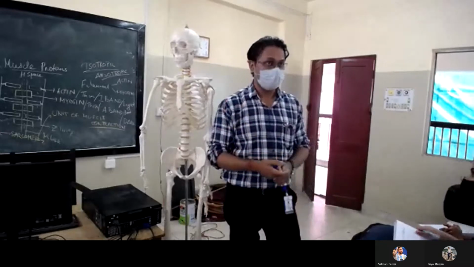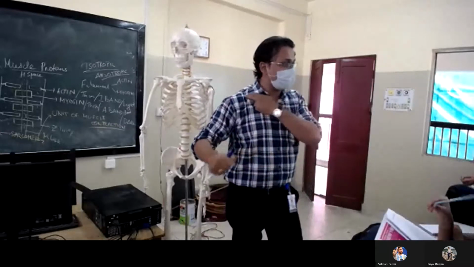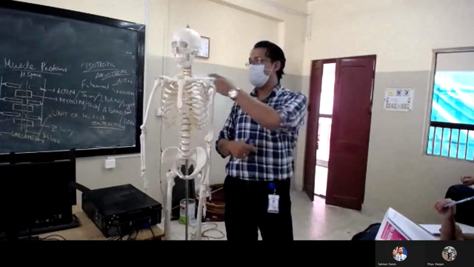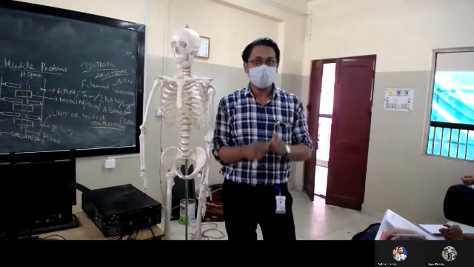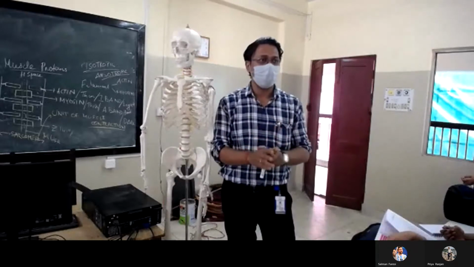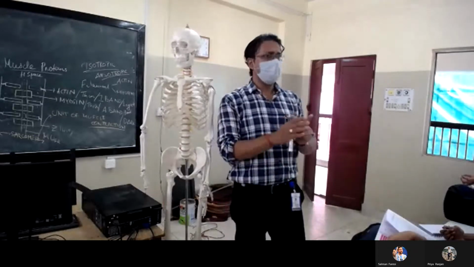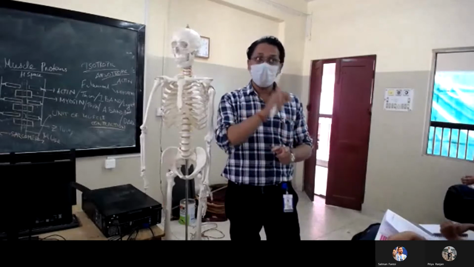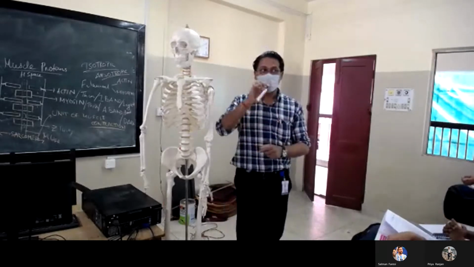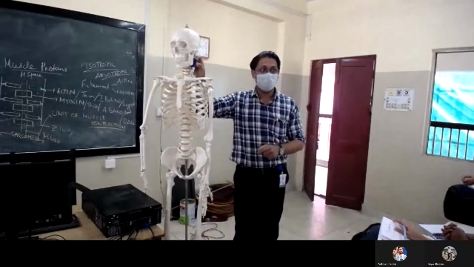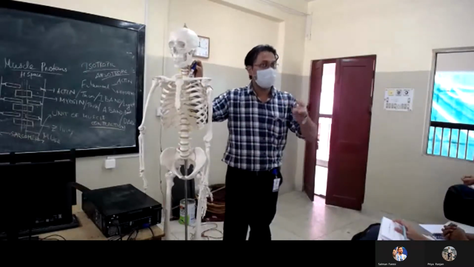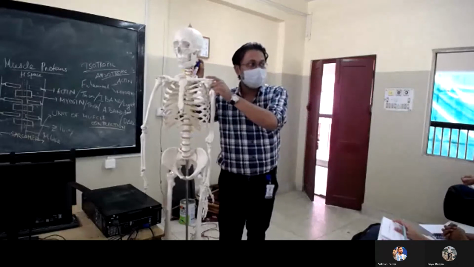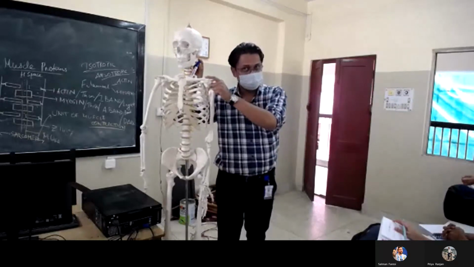There is a sudden fall, and an outstretched hand fall will lead to the fracture of the clavicle. Remember, whenever there is a fracture of the clavicle, it does not have that much damage. It will be healed, but the main problem is, I told an artery passes over here, and if by chance the fracture of the clavicle compresses the artery, think what it can do.